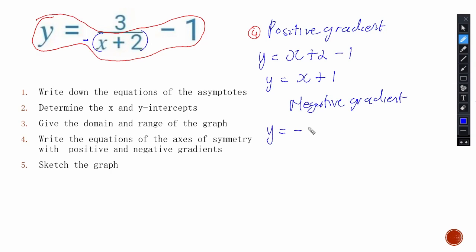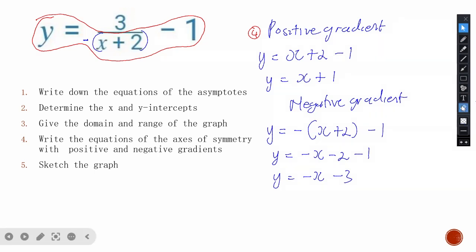So y equals negative bracket x plus 2 and then minus 1. So this is y equals negative x and then negative 2 minus 1. So y equals negative x minus 3. And then voila, that's it. So you are done with that. So you have the one with the positive gradient and the one with the negative gradient.